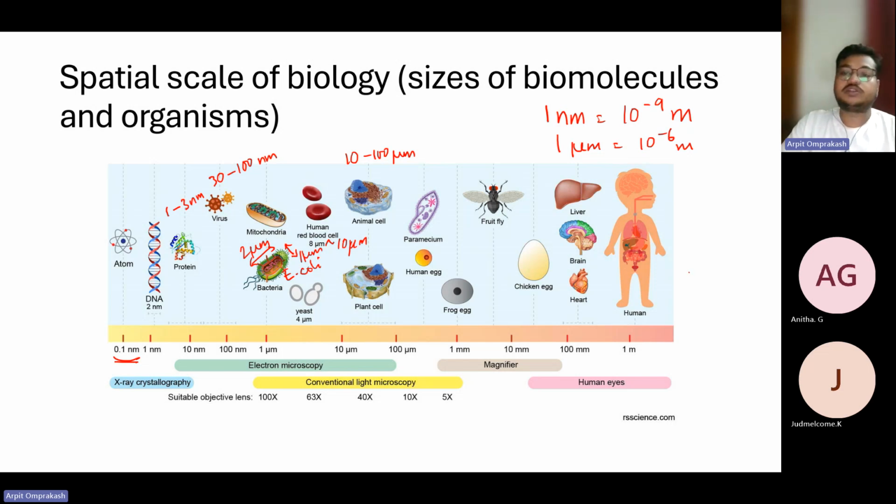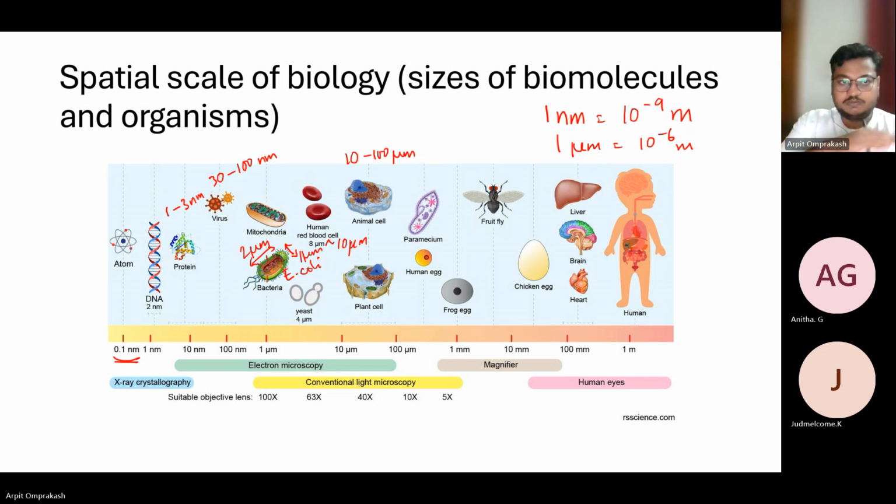And even after humans, we have other larger animals, mammals, and even things like elephants, blue whales, and whale sharks, which might sometimes be in the order of tens of meters, right?